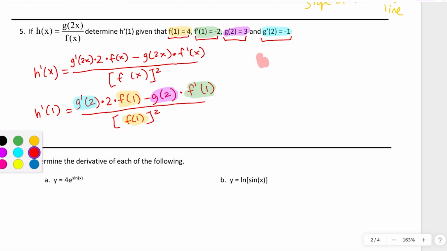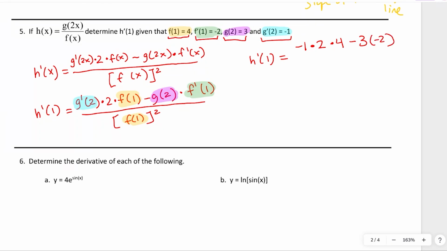So h prime of 1 will equal negative 1 times 2 times 4 minus 3 times negative 2, all divided by 4 squared.